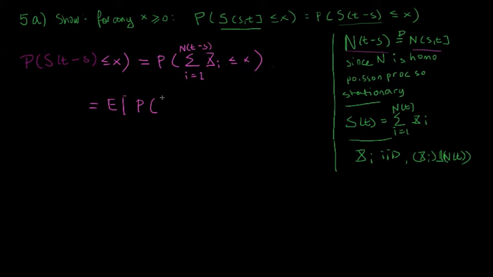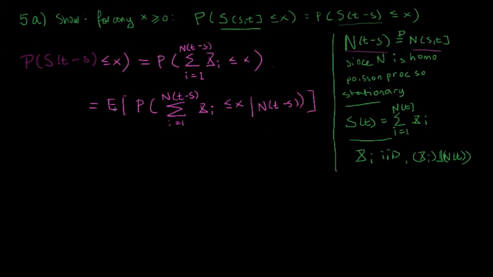So what we're looking at here, you guys have probably seen this from insurance and law. We take this probability and we condition it on the variable N of t minus s and take the mean value. And what does that actually mean?